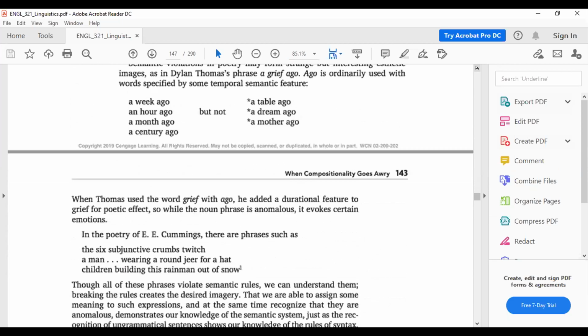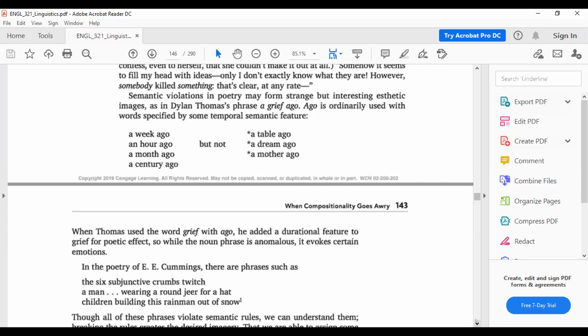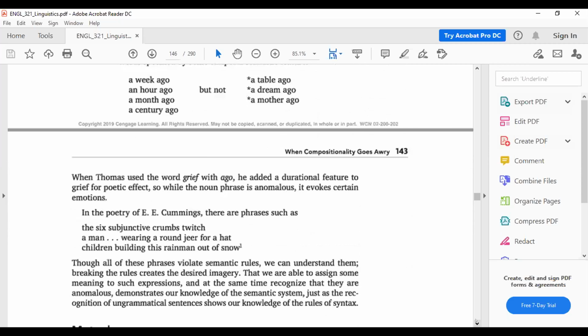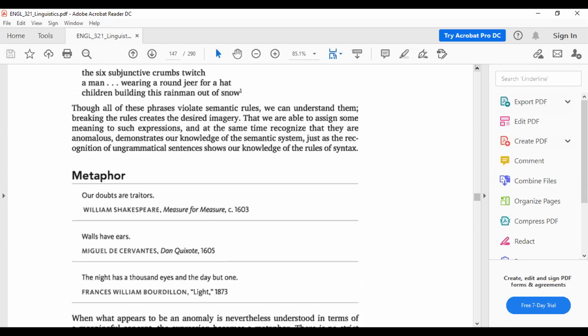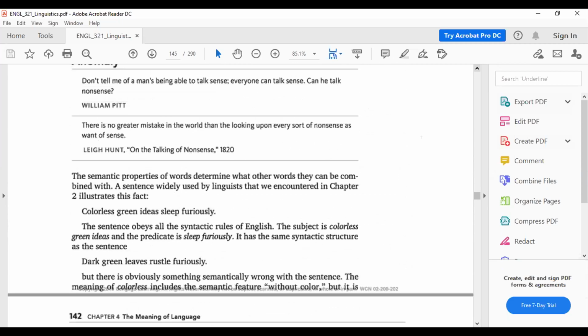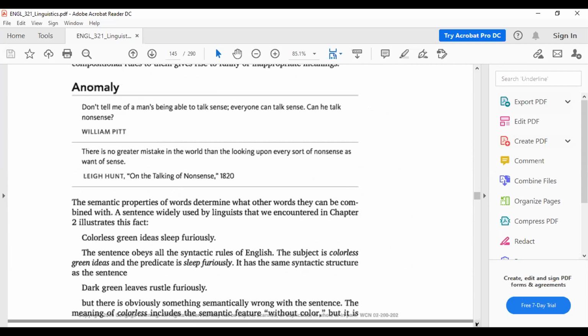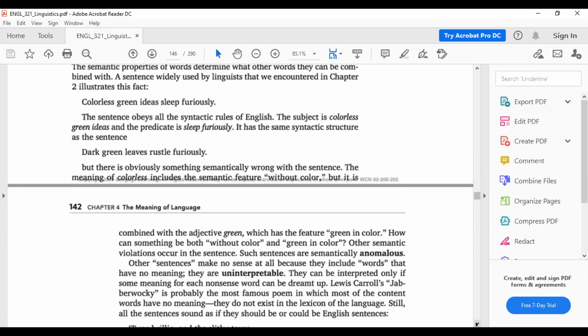Now we move to metaphor. And who's going to present metaphor? Yara? Yes, doctor. Okay. So very quickly, when we say anomalous sentences, anomaly, remember Chomsky's sentence, colorless green ideas sleep furiously.